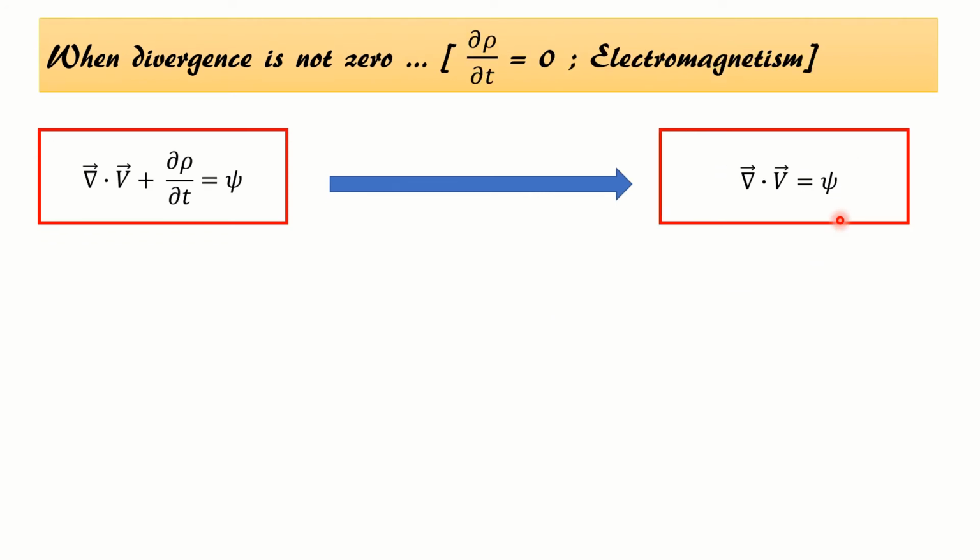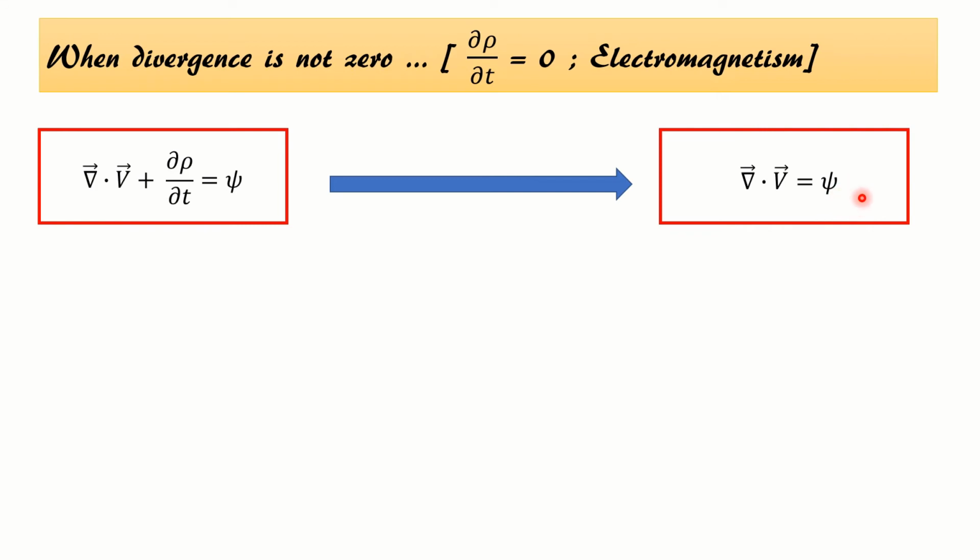So now there is another case where your divergence of the field is non-zero. That is when your partial derivative of the density over time is equal to zero. Basically this term is equal to zero, but then you have a source or a sink or both. So in this case, your divergence of the field is going to be equal to the difference in the density of the source and the sink.